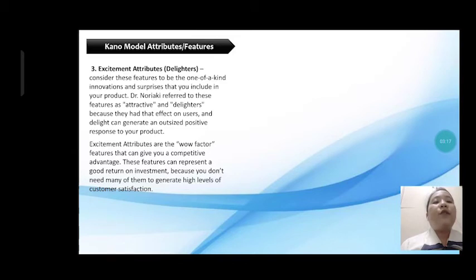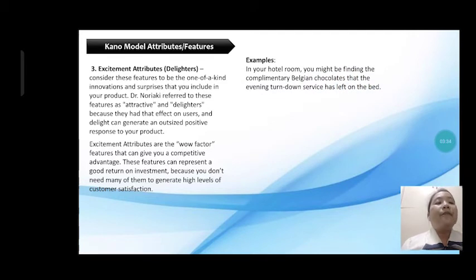Excitement attributes are the wow factor features that can give you a competitive advantage. These features can represent a good return on investment because you don't need many of them to generate high levels of customer satisfaction. Example: in your hotel room, you might find the complimentary Belgian chocolates that the evening turn-down service left on the bed.